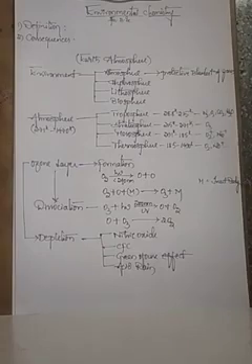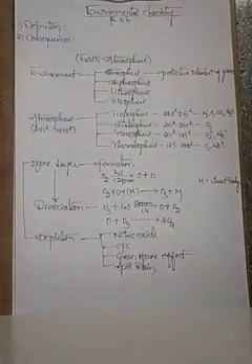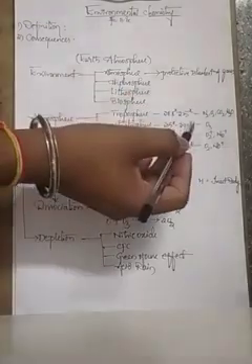And stratosphere. What is the stratosphere? Stratosphere lies above the tropopause, where the temperature increases with increase in altitude, and the maximum temperature seen is 271 kelvins. And that region is called the stratopause.